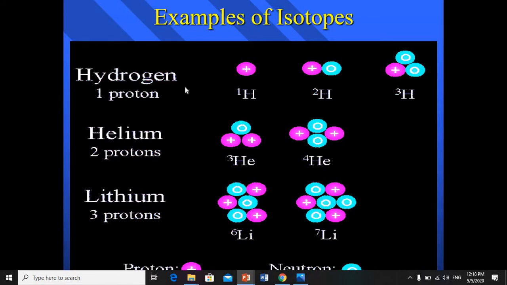So the same atom, like hydrogen, has different isotopes. Also helium, sometimes it comes with one neutron and sometimes with two neutrons, and lithium and so on. So when the number of neutrons varies for the same atom, this is called isotopes.